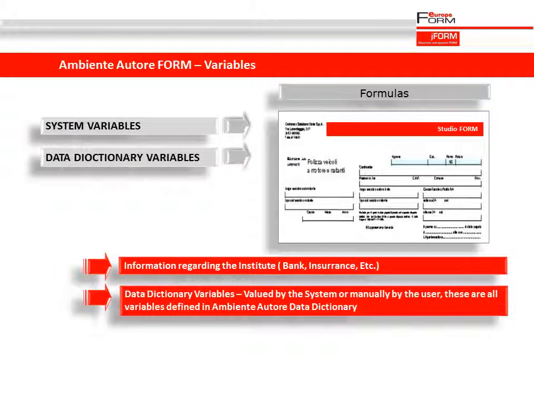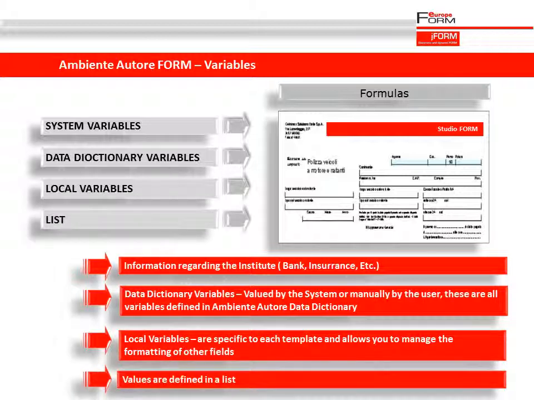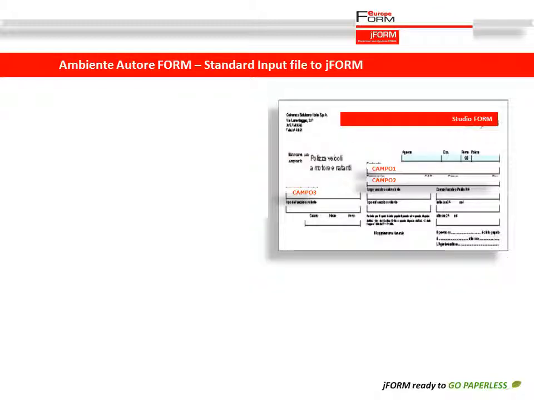Data dictionary variables, information coming from the operating system which normally identifies the personal data of the customer, values related to the economic conditions, contractual and others. Local variables, values that represent the result of execution of formulas or other calculated information. List variables, values chosen from a predefined list.